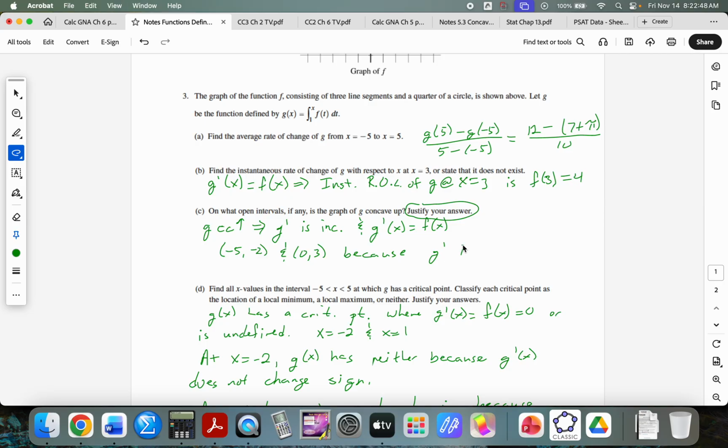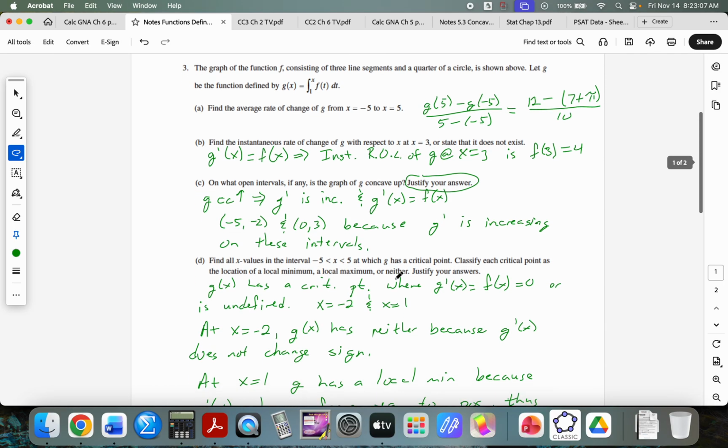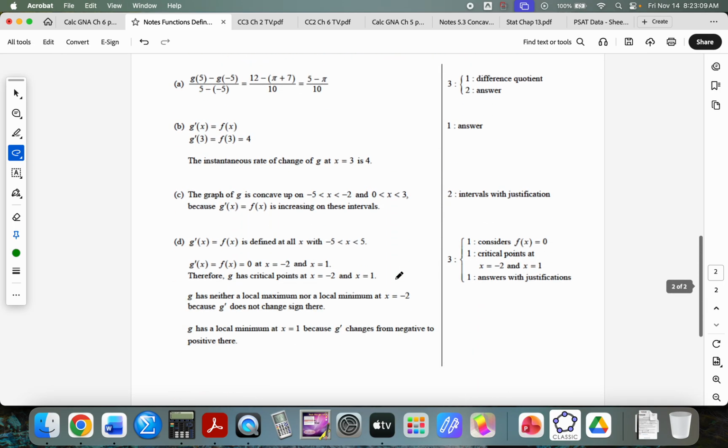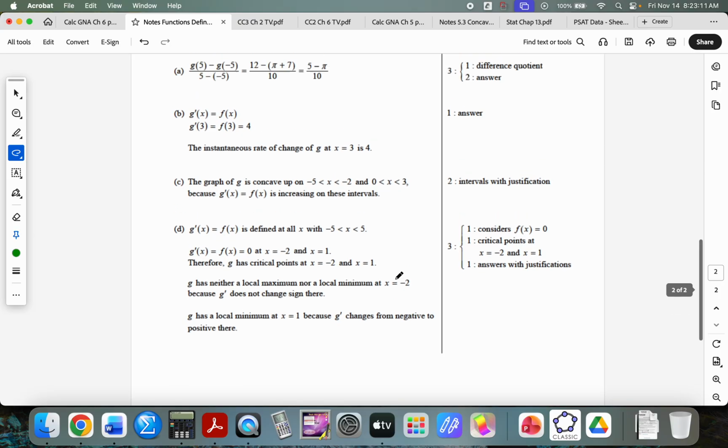G prime is increasing on these intervals.